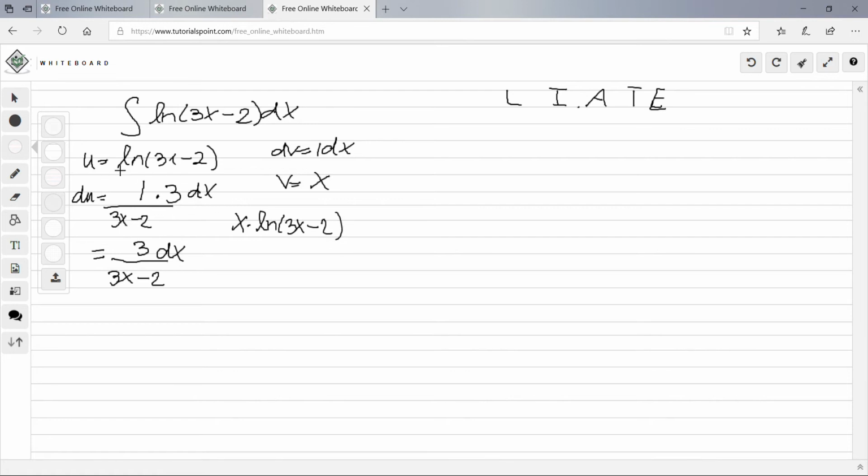Because our u is this and our v is this, minus the integral of v du, where v is x and du is this whole thing, 3 over 3x minus 2 dx. If you clean this up, it's going to look something like this: 3x over 3x minus 2 dx.